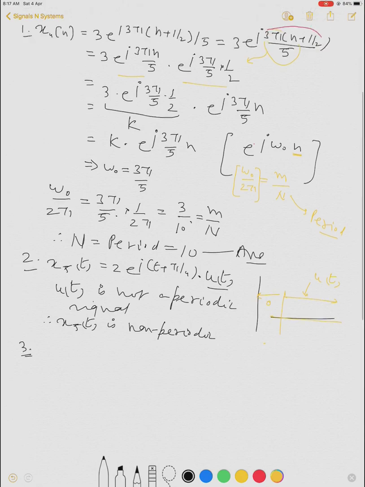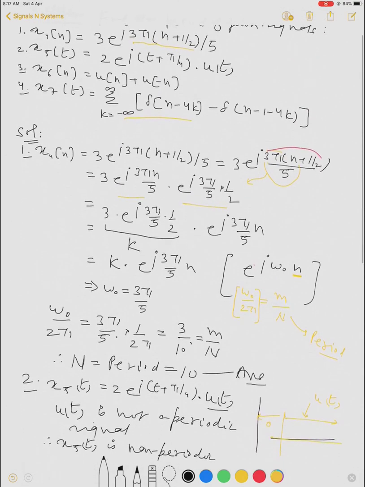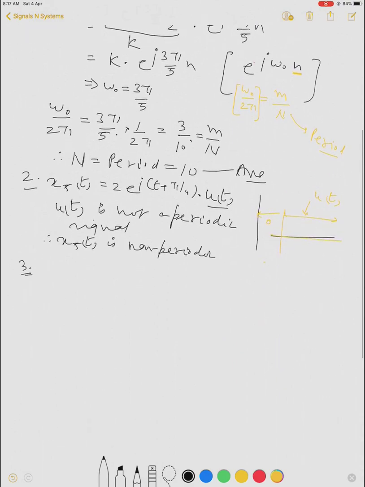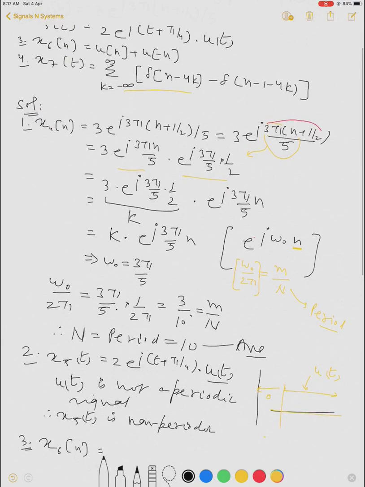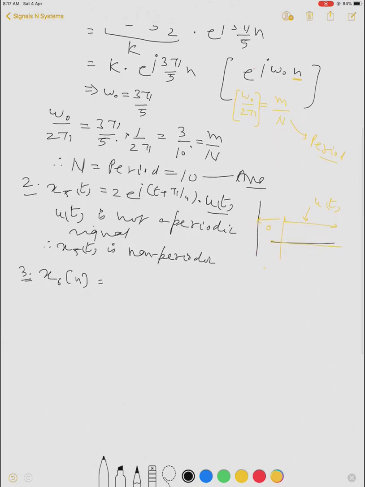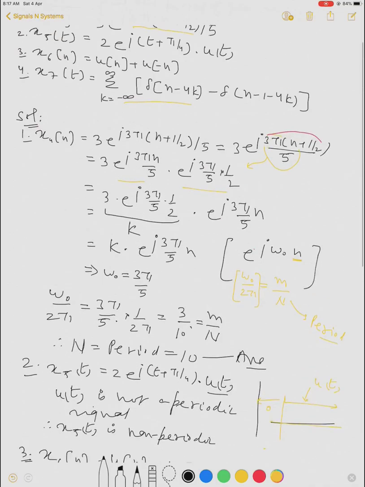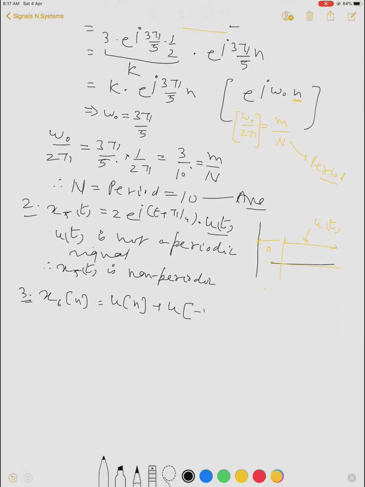Third, x of 6n is a sum of two signals, u of n plus u of minus n. So what is u of n? We can draw u of n.